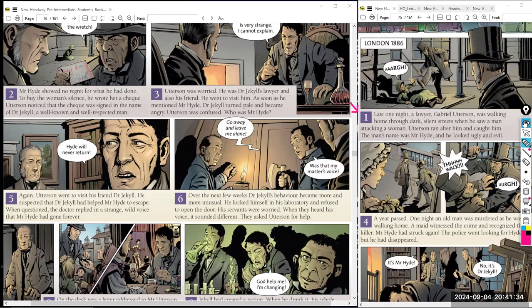Late one night, a lawyer, Gabriel Utterson, was walking home through dark, silent streets when he saw a man attacking a woman. Utterson ran after him and caught him. The man's name was Mr. Hyde, and he looked ugly and evil.